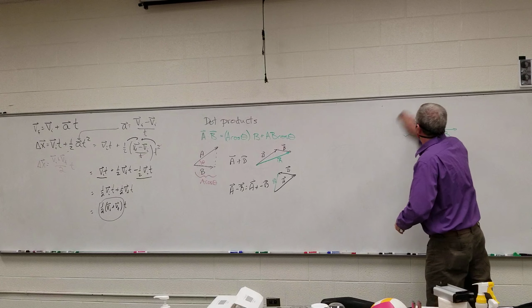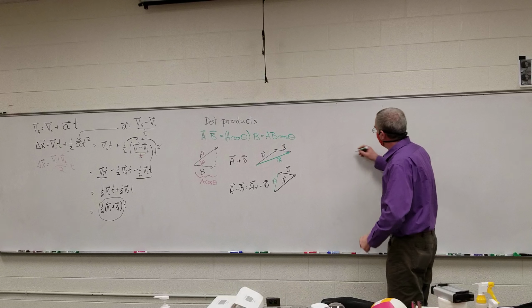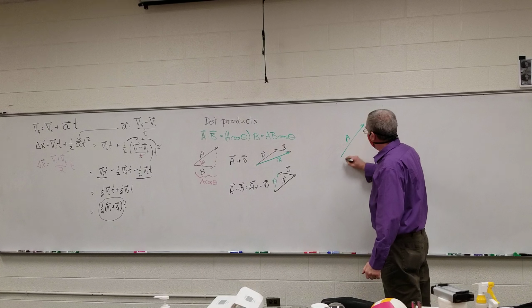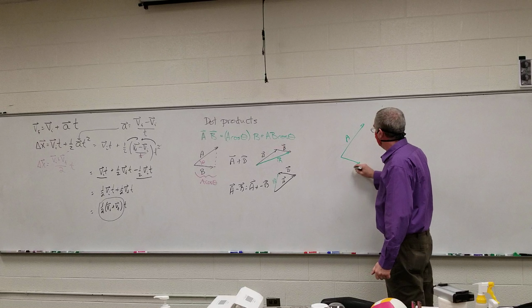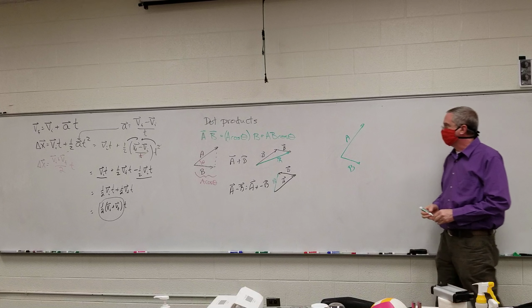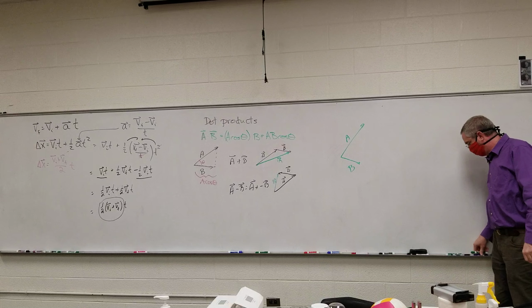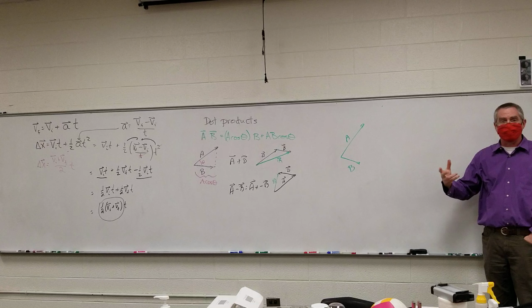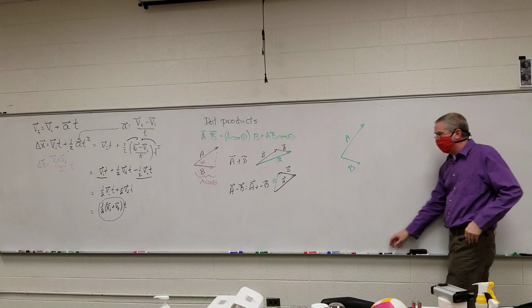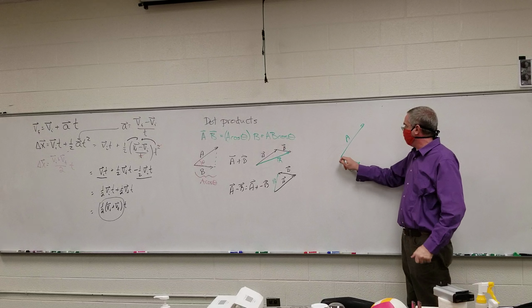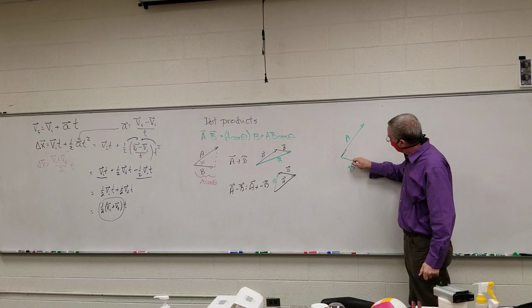All right, so let's take a look at this one more time. I have some vector A here and some vector B here. I broke A up into its components. I don't have to; I could break B up into its components. So I know part of B is parallel to A, and part of it is perpendicular.